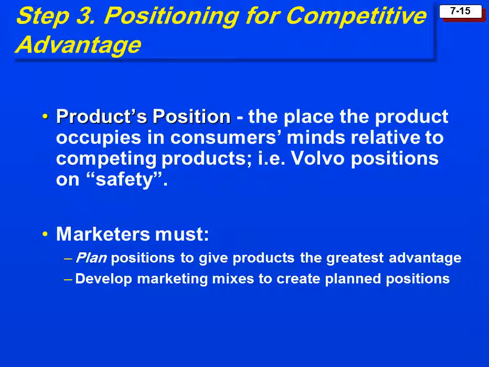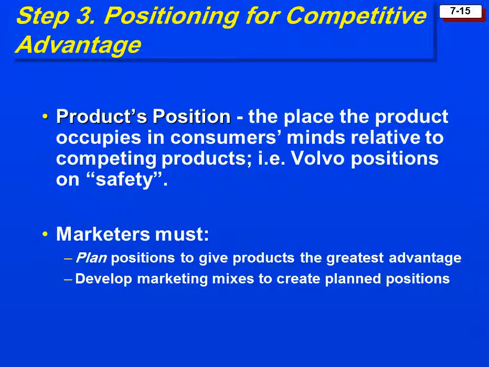Our chapter has three important steps: market segmentation, targeting, and in the end, positioning for competitive advantage. Here, number 3, positioning for competitive advantage. The product's position is the place the product occupies in the consumer's mind relative to competing products.